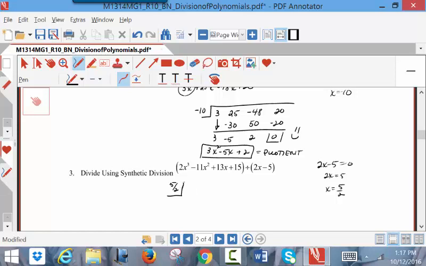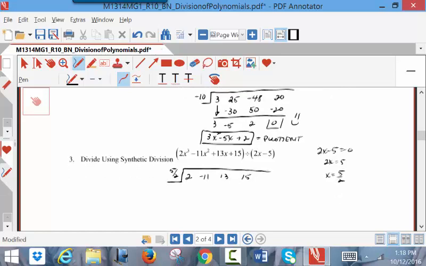Our last textbook didn't really do that. So the number in the half box is 5 halves. Then you have the coefficients: 2x cubed, negative 11x squared, 13x, and 15.